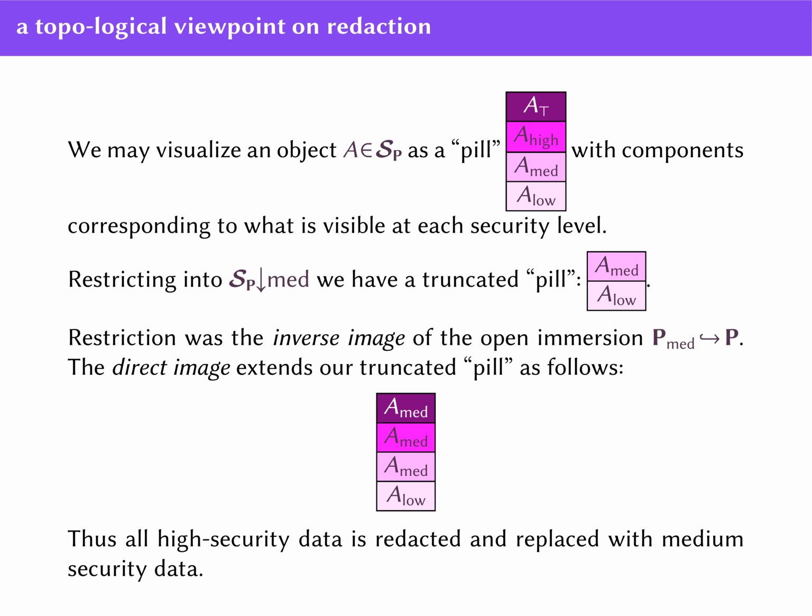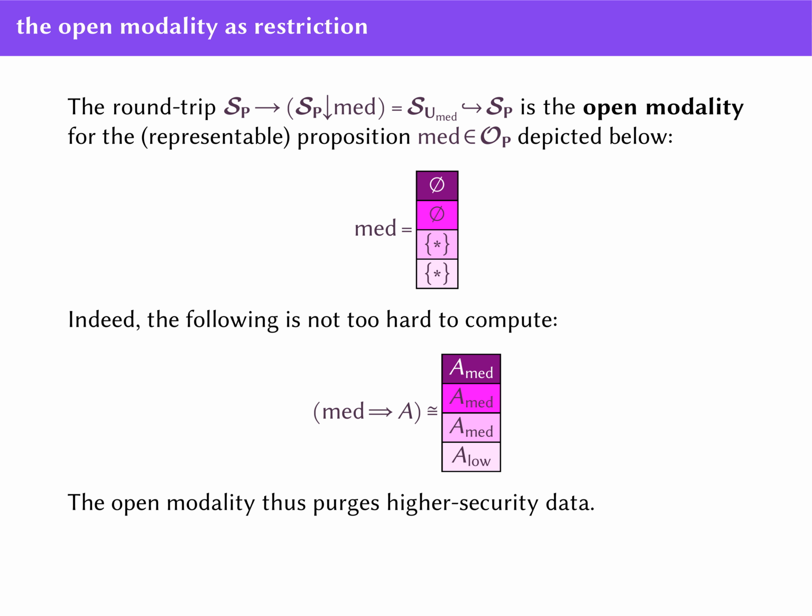Thus, what is visible at high security is now only what was visible at medium security in the past. The round trip, going from the entire space to the truncation to the medium security clearance and back to the entire space, is then the open modality for the representable proposition corresponding to the medium security clearance.